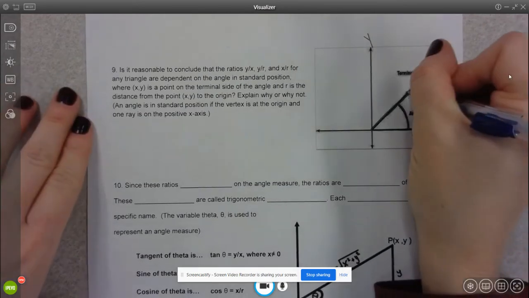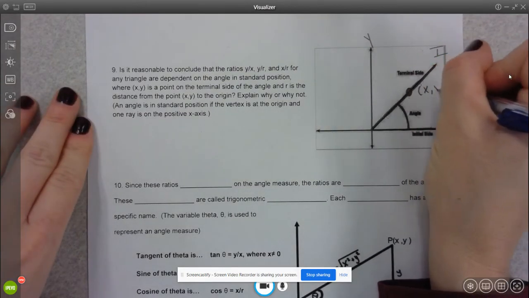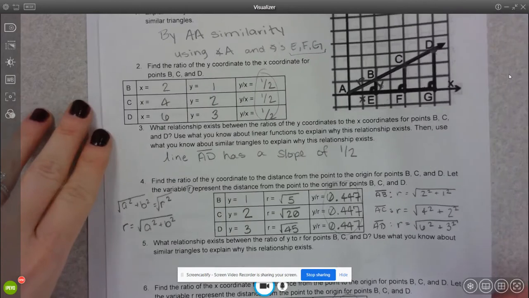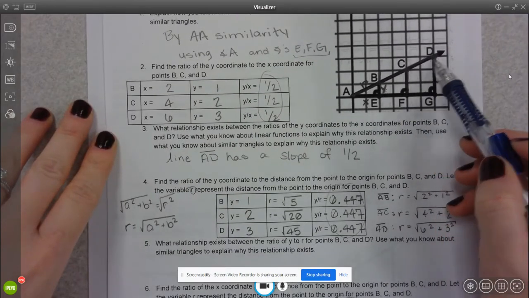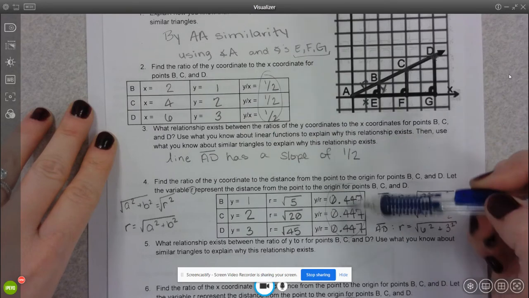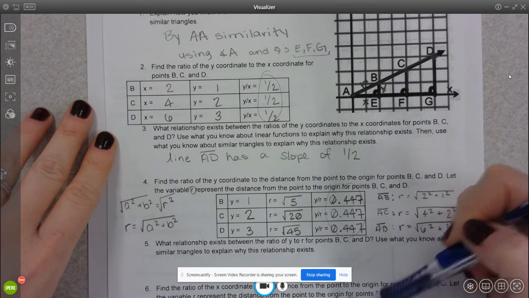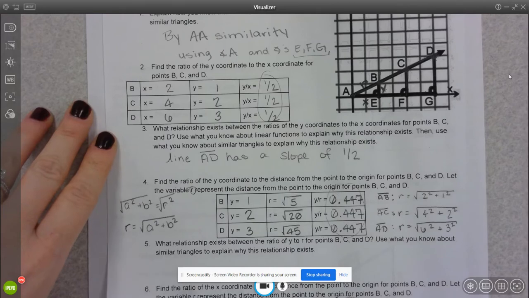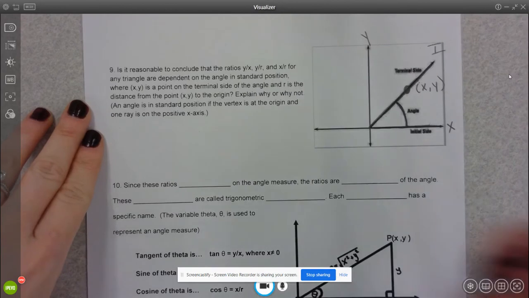Would it depend on where I put my coordinate point? Well, I'm going to say no, it wouldn't, because if I come back and look at that very first one we looked at, I moved my x, y point from B to C to D, and those relationships were always the same. So it doesn't matter where I put the point on that terminal side because of similar triangles. So this is actually no.